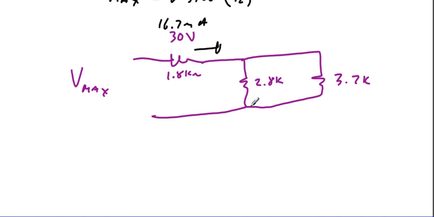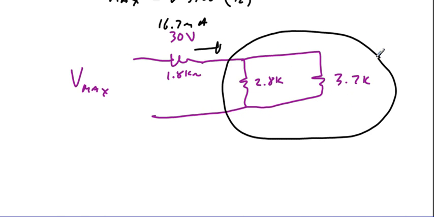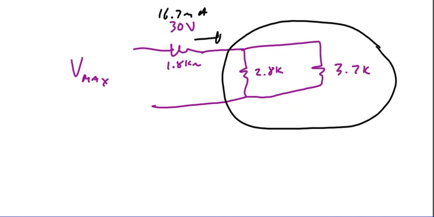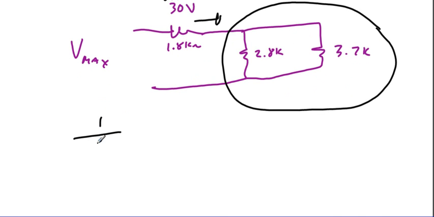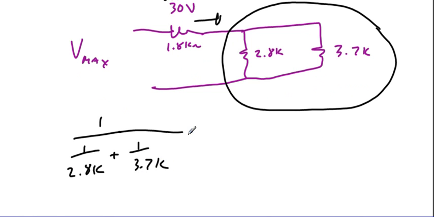All right, now if I knew the equivalent resistance of the parallel circuit, then I could figure out the voltage. All right, so I want to know what is 1 over 2.8K plus 1 over 3.7K. And that's going to be the resistance of the parallel network.